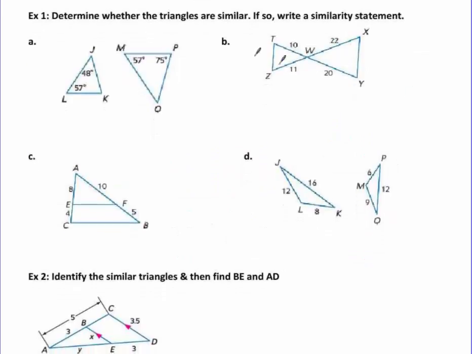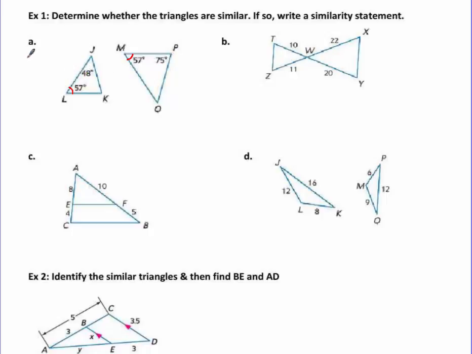So quick example, determine whether the triangles are similar. If so, write a similarity statement. All right, so we have 57 and 48, and we look over here and we have a 57 and 75. Well, that means the two 57s are congruent. But this 48, we don't know because 48 and 75 are not congruent.